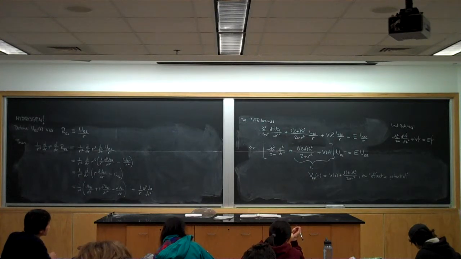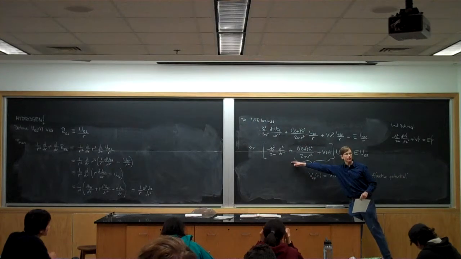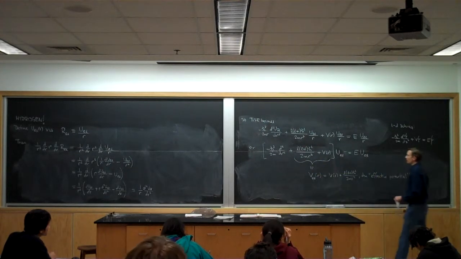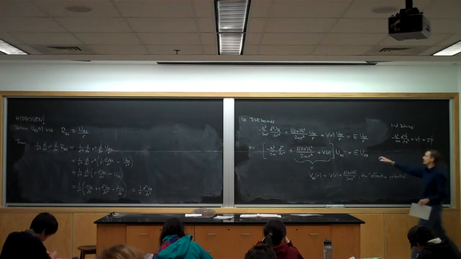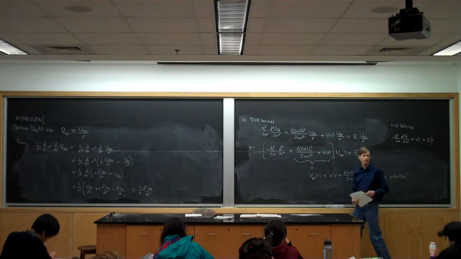What we have here is a one-dimensional Schrodinger equation where r is the variable, and what's playing the role of the potential is not V of r, but V of r plus l(l+1) h bar squared over 2mr squared.